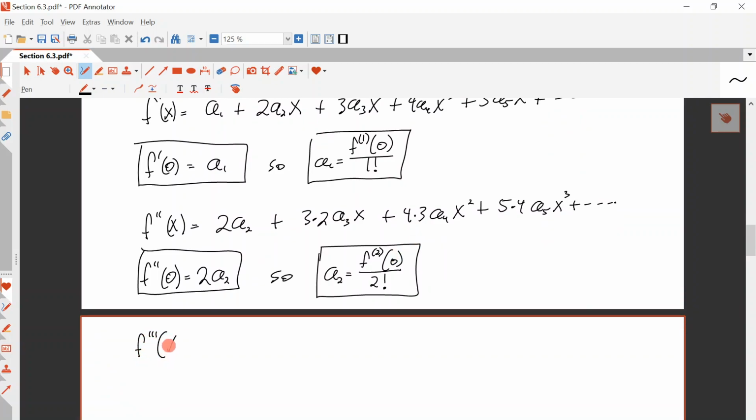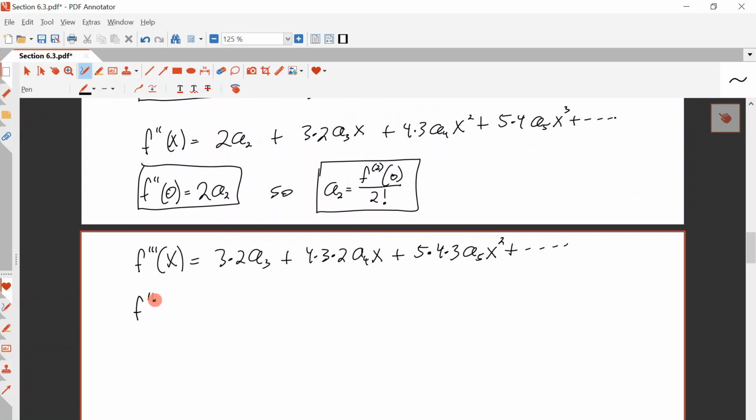The third derivative is equal to, well, that's 0, and this one you just get 3 times 2 a3, plus 4 times 3 times 2 a4x, plus 5 times 4 times 3 a5x squared, so on and so forth.